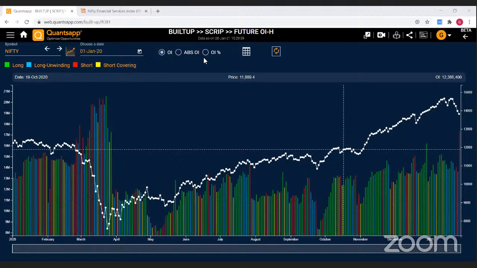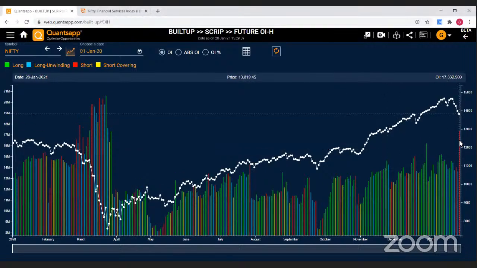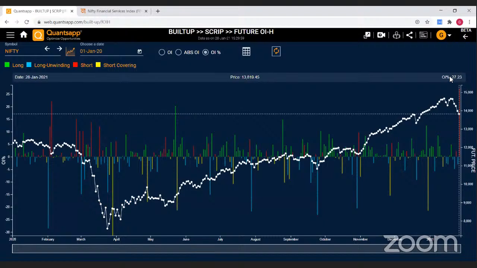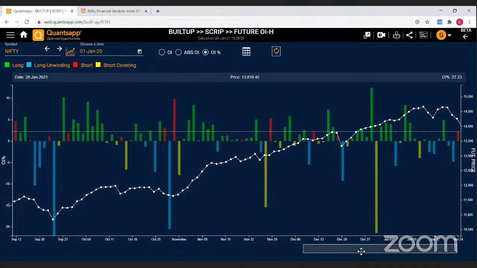It's possible only if prices are also down. But you can see the quantum of OI increase today in the futures of Nifty; let me take it in percentage terms. Today's OI increase is more than 27%. So turning to the unwinding side would be possible, but let's see how the data gets updated once the file comes.